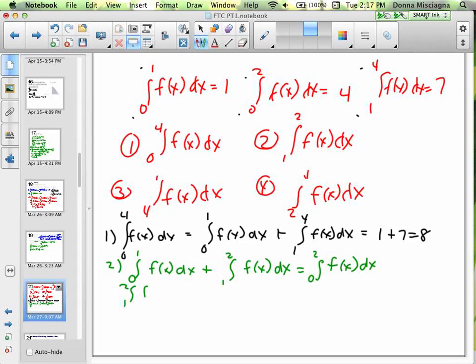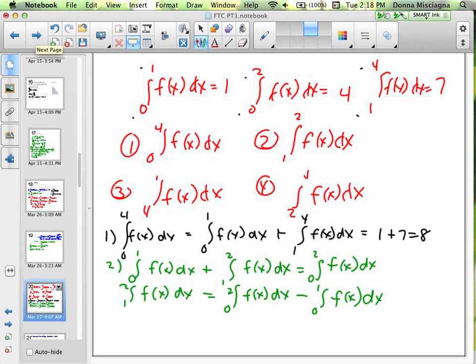The integral of f of x dx from 1 to 2 is the integral from 0 to 2 minus 0 to 1. Notice now it's the bottoms that are matching up.